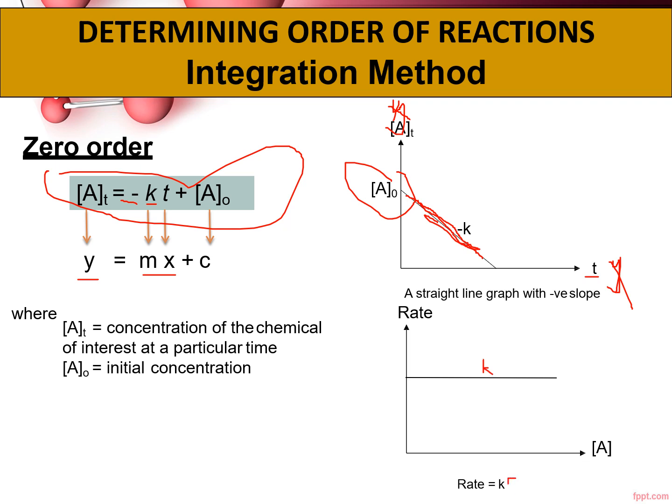Why is k constant? Because if we put A to the power of 0 here, since this is zero order, that brings the rate equal to k only. So k is constant, and that's why this graph comes in. This is how we determine the order of the reaction based on the graphical or integration method.